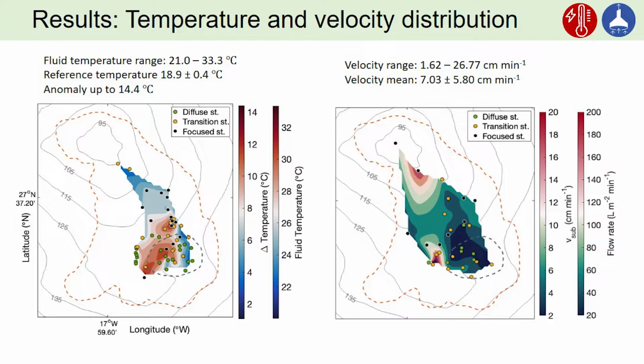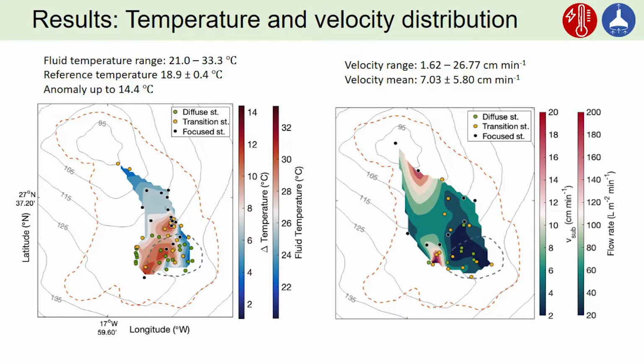And again, we see that the higher temperatures are located in the rim of the crater, but it's not the same behavior as the velocity, that we have the highest velocity here, close to the summit, and outside in the west side of the crater. So again, that's the visual interpretation, but we don't know what's going on there.